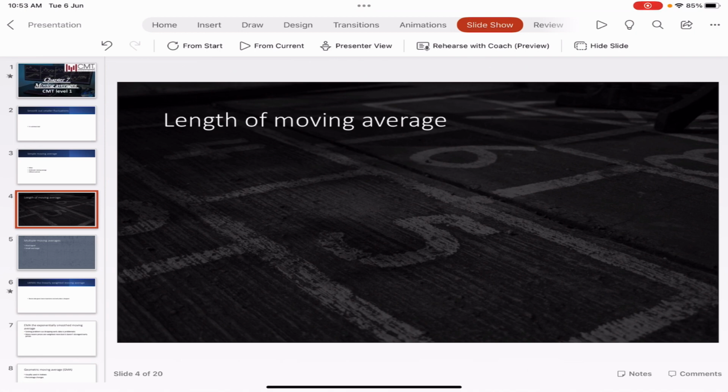If I'm using a 10 moving average, the length is going to be 10. So you can use whatever length you want to. Pause the video over here, open your trading portal, open TradingView, and try to change the length of your moving average and observe what you see, because that's how you're going to learn.